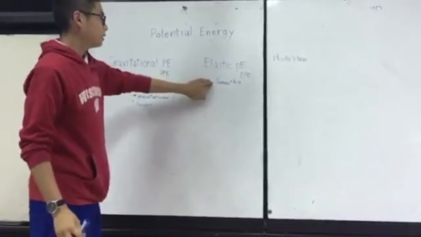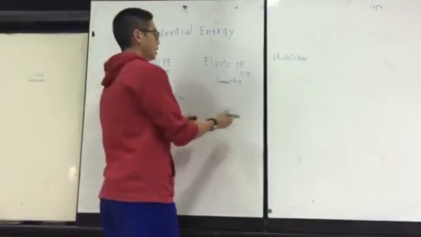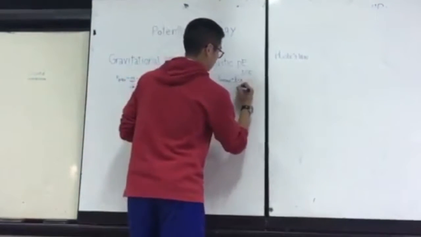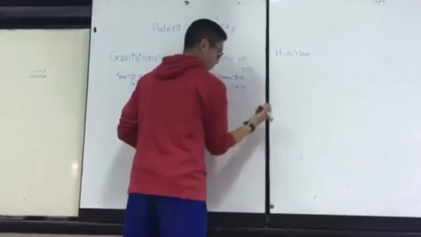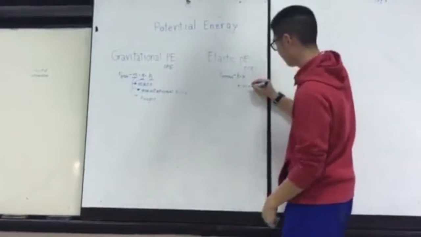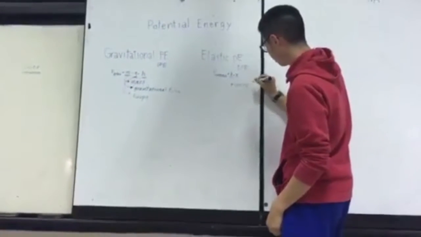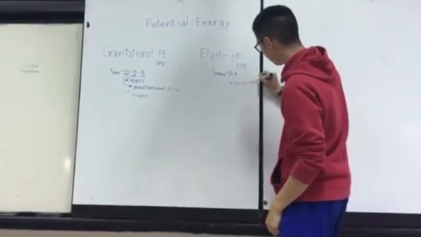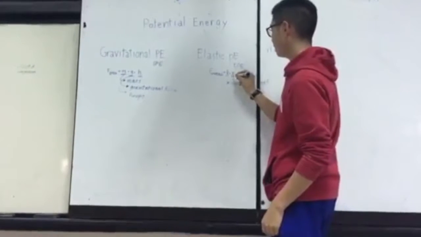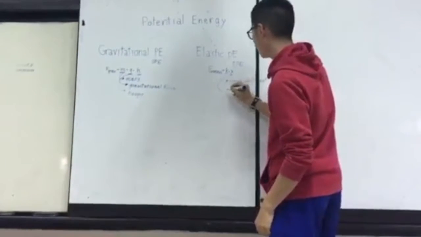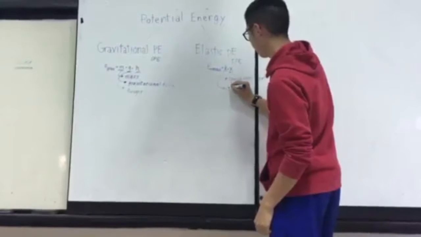And for this one, K is the spring constant, and X is the amount of compression of the spring.